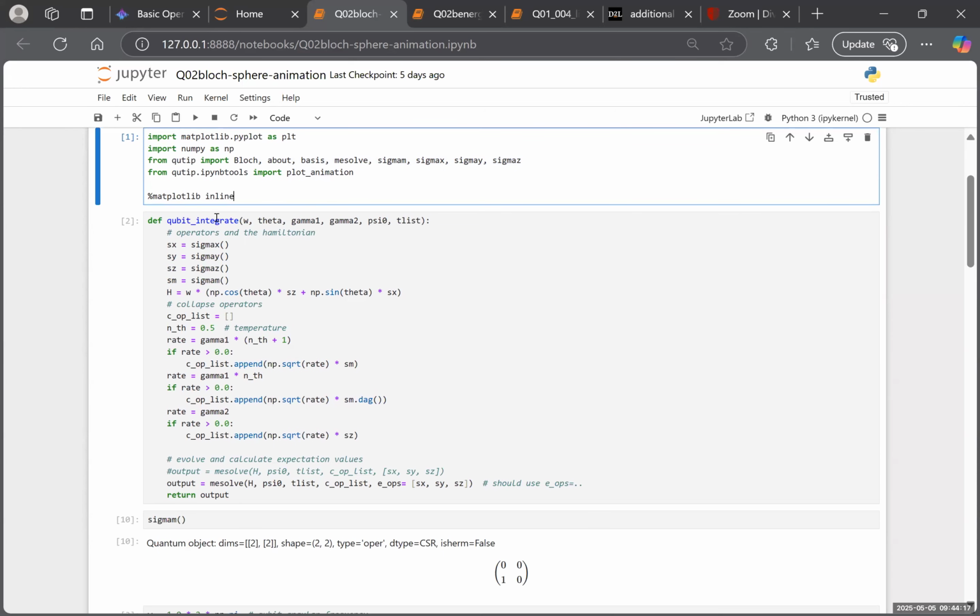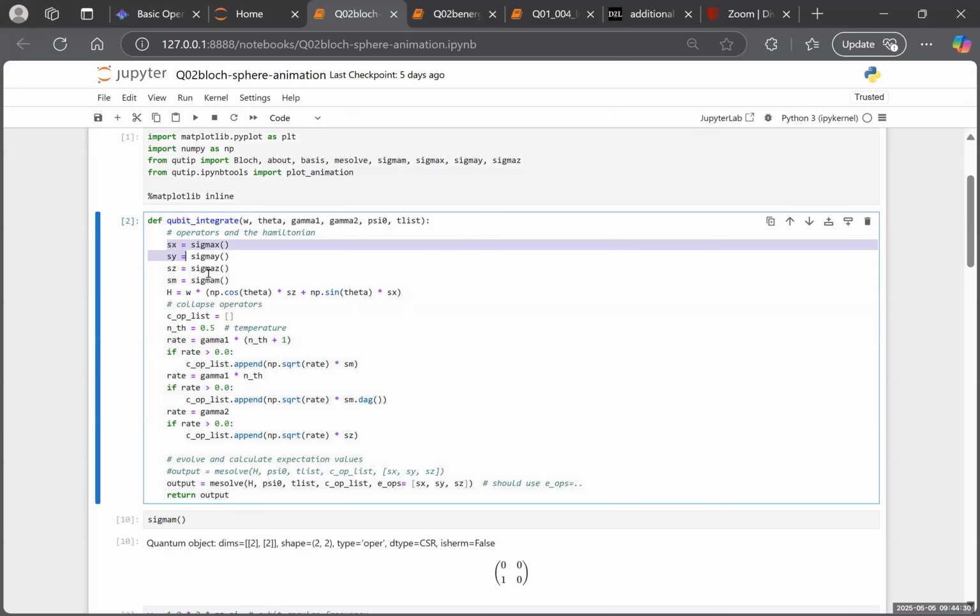So here we define a function, qubit integrate, with parameters w, theta, gamma 1, gamma 2, psi 0, t list. They define these operators x, y, z, sigma minus, and you define the Hamiltonian as we've seen previously.